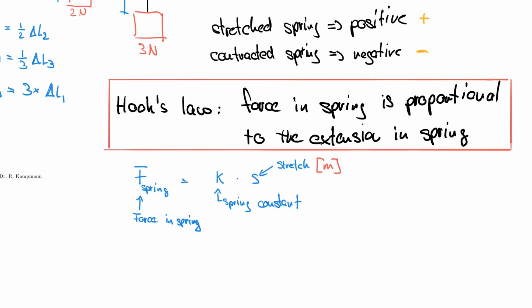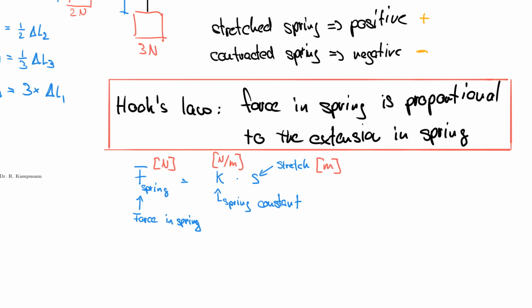And the force in the SI system is always given in, let's say, Newton. So now you may ask yourself, what is the spring constant? And the spring constant, of course, has to complement this. So how do I get from meter to Newton? By something called Newton per meter, right? So here I need Newton per meter. And that is really how that is defined.